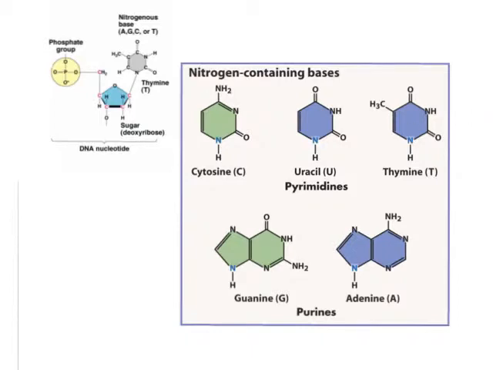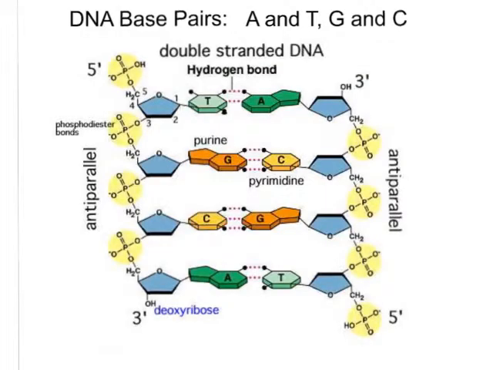So when we look at our DNA molecules, remember, our nucleotide has a phosphate, a sugar, and then a nitrogenous base. And that nitrogenous base can be either cytosine, thymine, guanine, or adenine. And we simply shorten them by calling them C, T, G, and A.